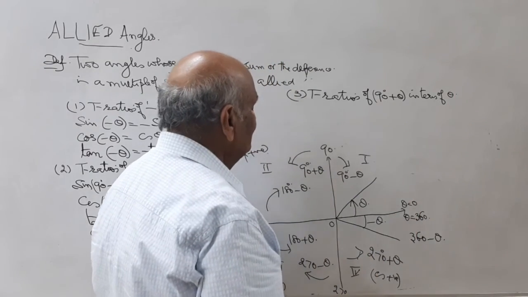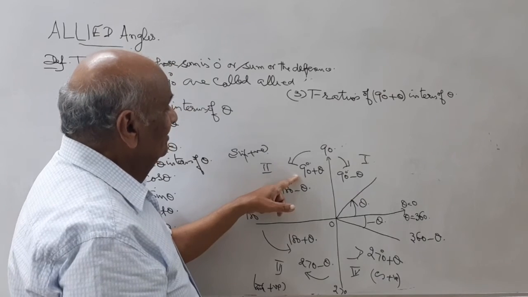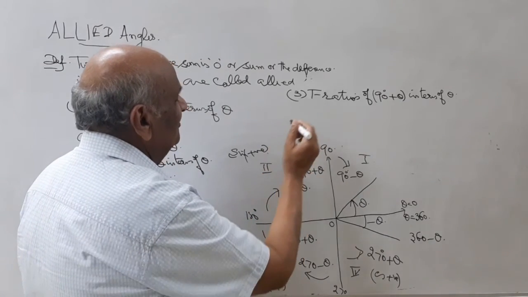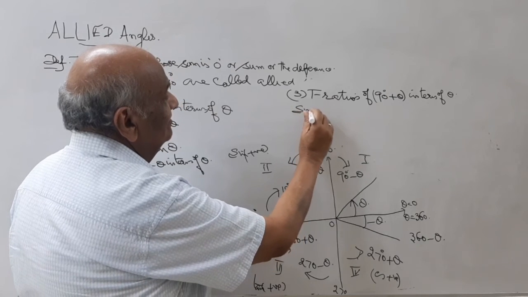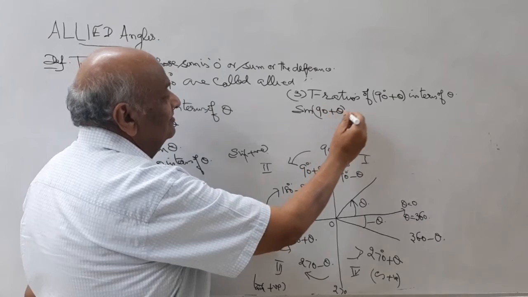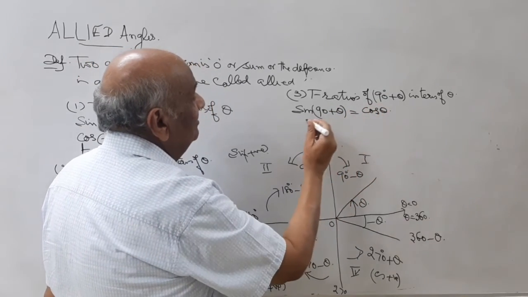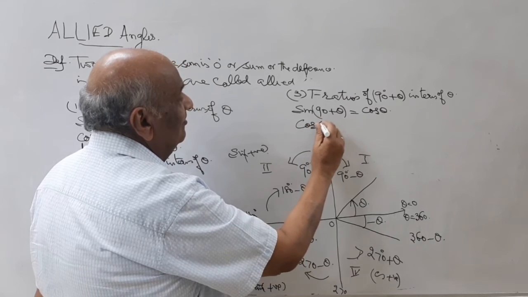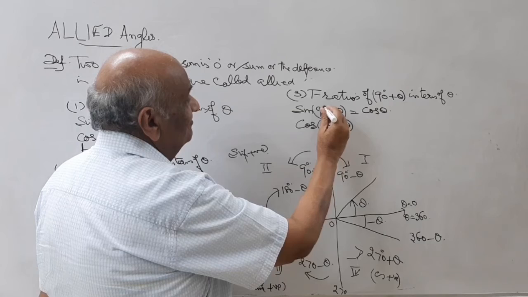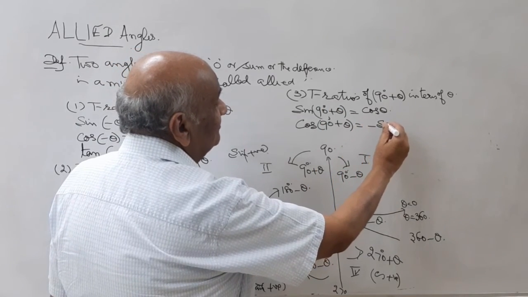Now 90 plus theta, see from the figure, is in the second quadrant, and in the second quadrant sine is positive. So we say sine 90 plus theta is cos theta. Sine is positive. But when you go for cos 90 plus theta, this is negative, of course, second quadrant, minus sine theta.